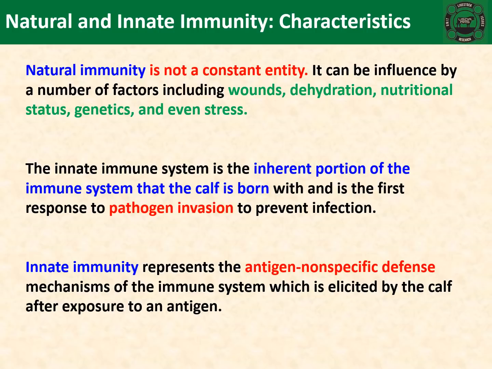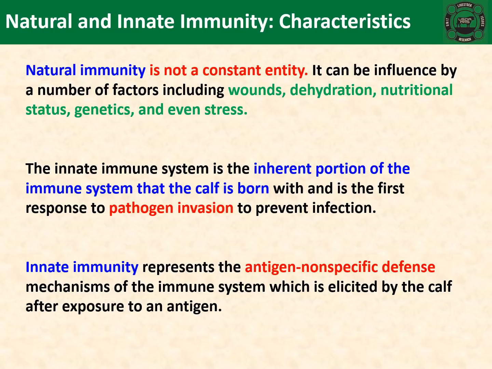It's important to realize that natural immunity is not a constant entity, and in fact, it can be influenced by numerous factors, including wounds, dehydration, nutritional deficiencies, the genetics of the animal, and even stress that the animal is exposed to.